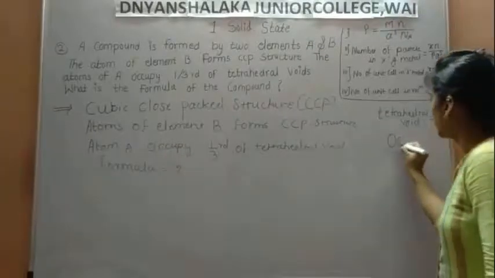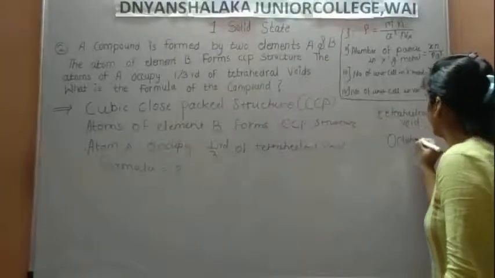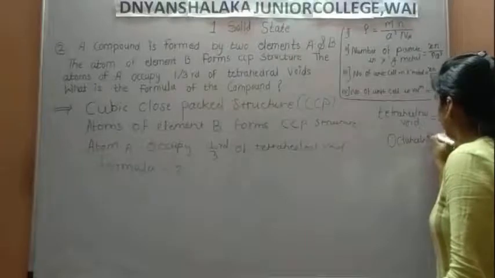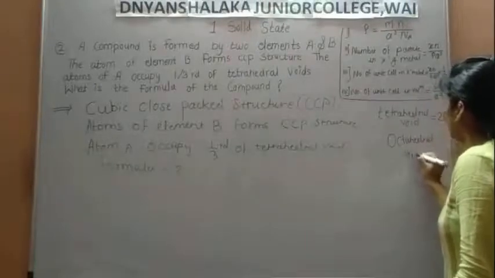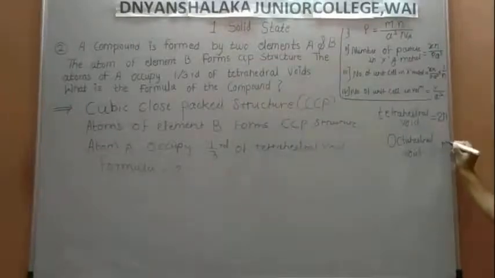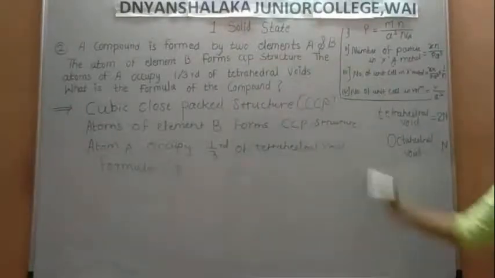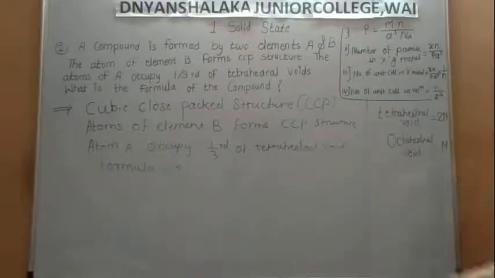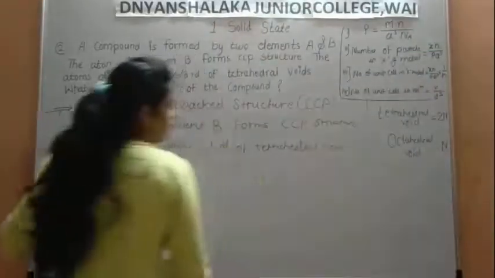And the octahedral void in any unit cell is half of the tetrahedral void, so it is only n. This is the formula we have to use.